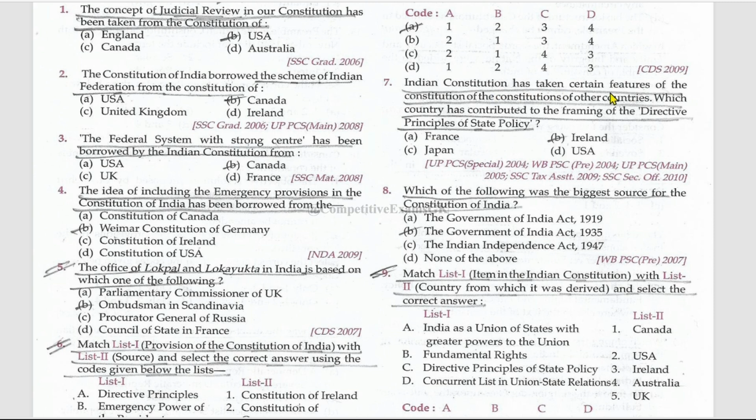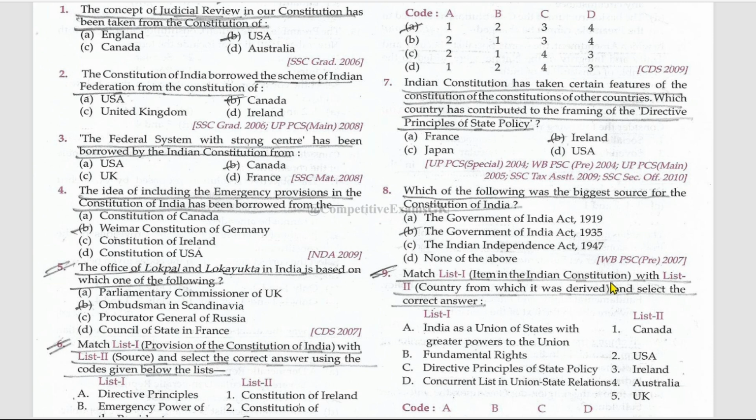Indian Constitution has taken certain features from the constitutions of other countries. Which country has contributed to the framing of the DPSPs, which is Directive Principles of State Policies? Ireland. Which of the following was the biggest source for the Constitution of India? The Government of India Act 1935. Matching.